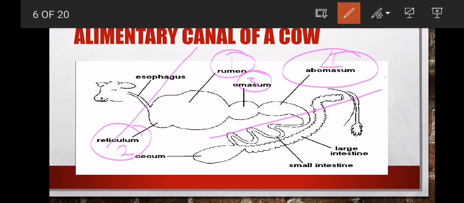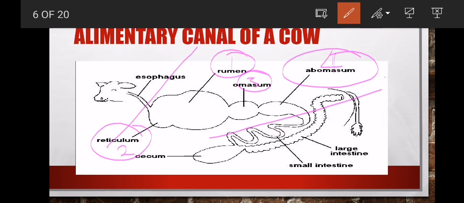So when we look at this one, we say this is a ruminant. Why do we say it's a ruminant? It's because this kind of animal has how many chambers? It has 4 chambers, meaning the kind of stomach that it has, we say it's a polygastric stomach.